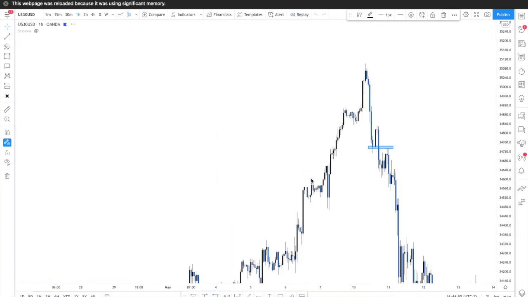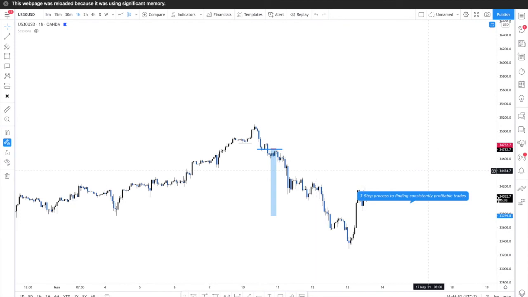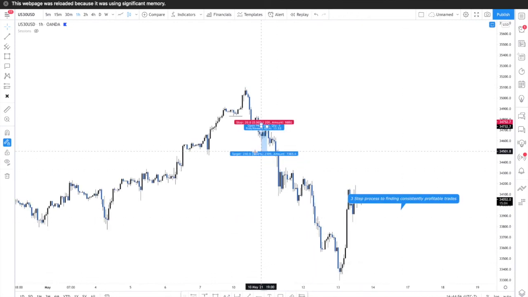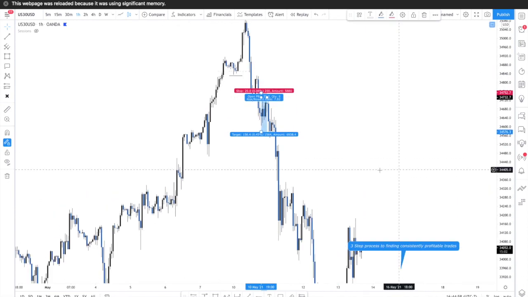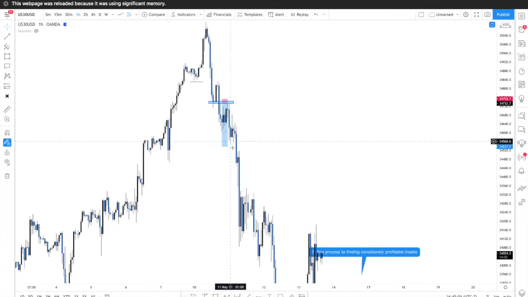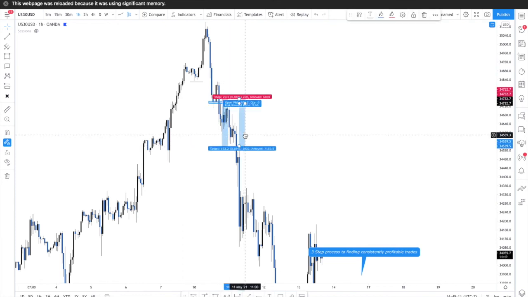We take that trade, and the first TP honestly could have been, let's see, you could have put it right here for this next level of support. I don't know, put it down here, but I most likely would have put it probably about right here. And this one just trails, right?